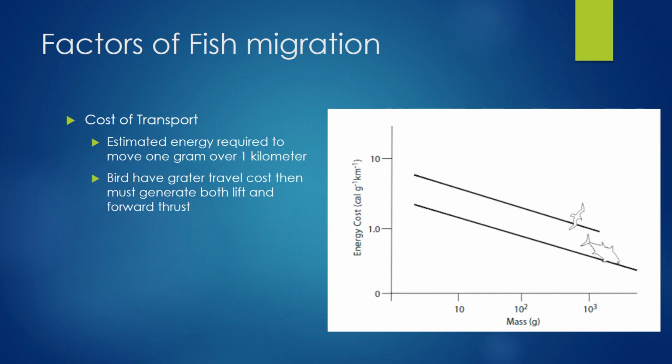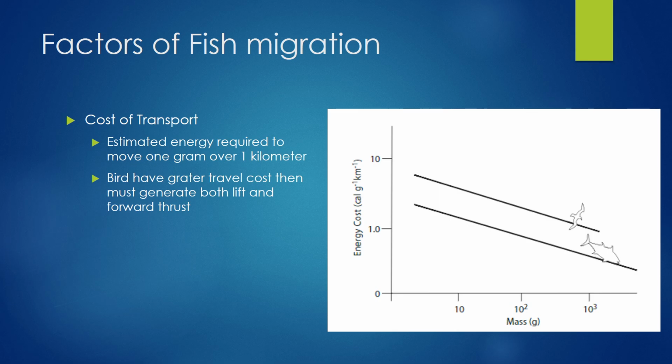This figure shows factors for fish migration that are related to the energetic costs for an individual to move based on size. As you notice, this is on a logarithmic scale, and as an individual becomes larger in size, it becomes easier for them to move through the water column and migrate further distances.